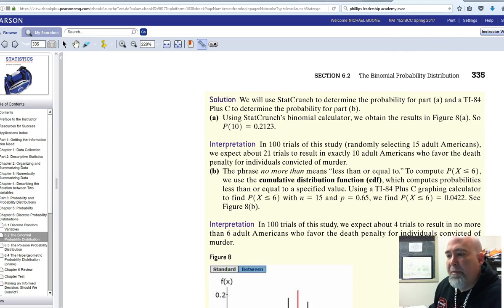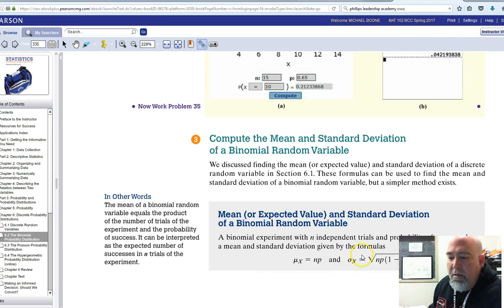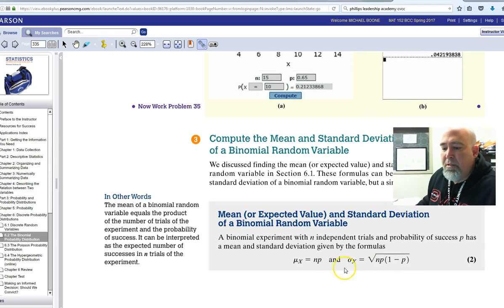We got that by multiplying our n times our p. That's how you find the mean, and here's how you find the standard deviation of a binomial probability. There is a formula to do this. In the basketball example, I'm shooting 10, p is 0.8, and then I do a 1 minus 0.8, and all that's underneath the radical.